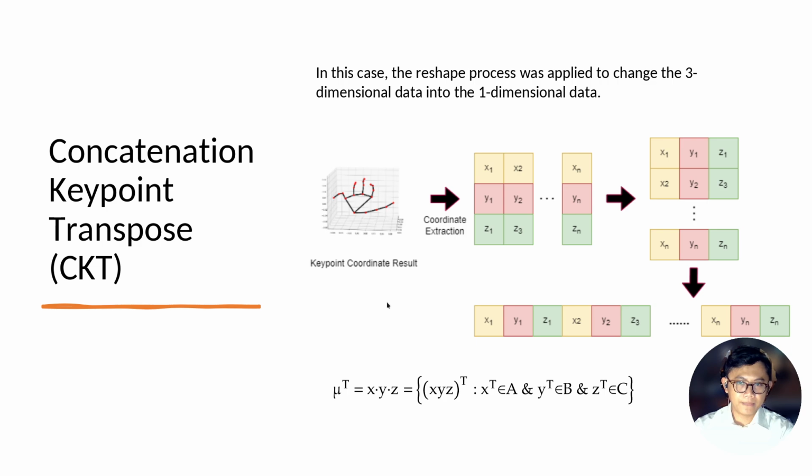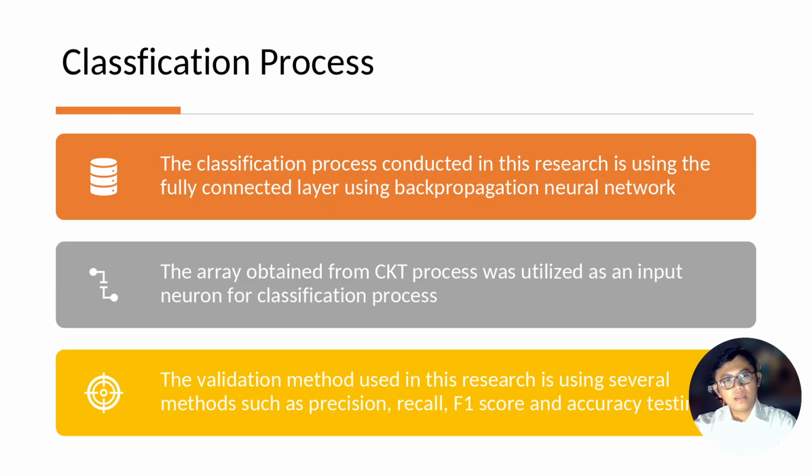After we have the CKT, or concatenation key point transpose, we use the last process of our research, which we call the classification process. The classification process is a very common process. We use some processes from neural networks or artificial neural networks.